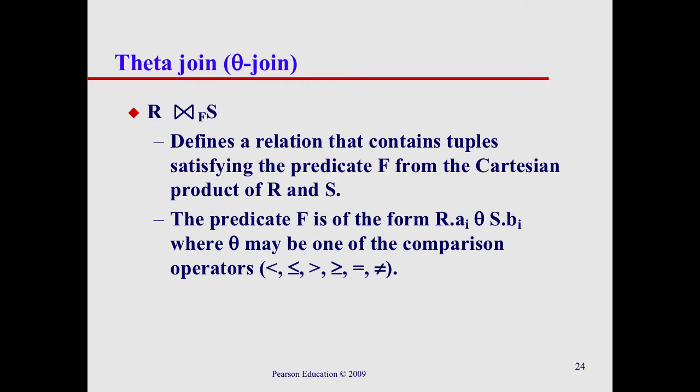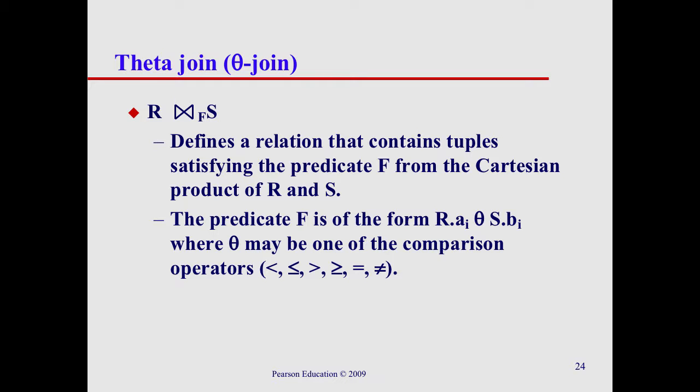It's the only one we ever care about, but this is the theory, so you should know that in its most general form, a join could be, say, for student ID greater than course ID, or for student ID not equal to course ID.